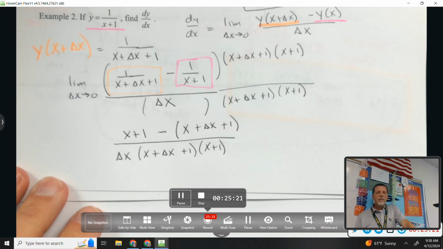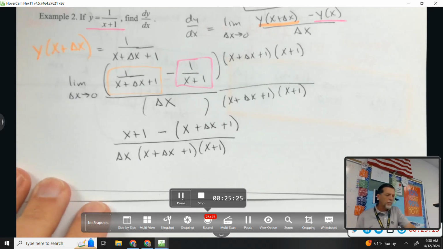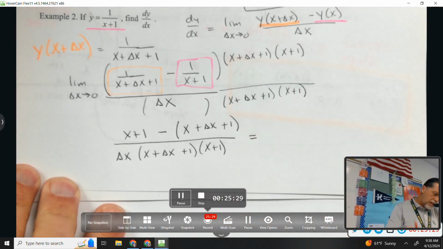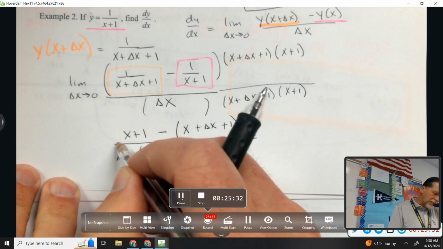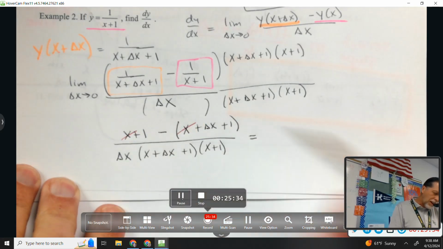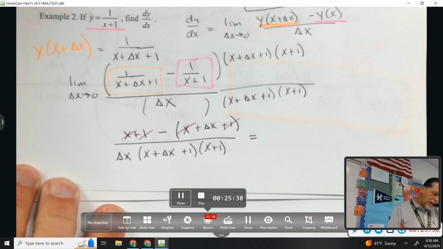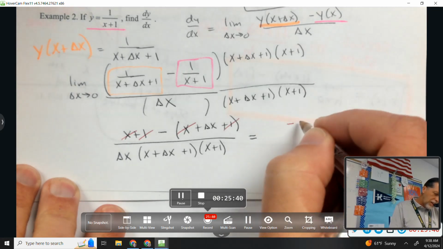Okay. How about the top? Oh, we can definitely combine like terms in the top. And it's not just combining like terms. Yeah, x minus x goes away. The 1's go away. And I'm left with negative delta x in the top.